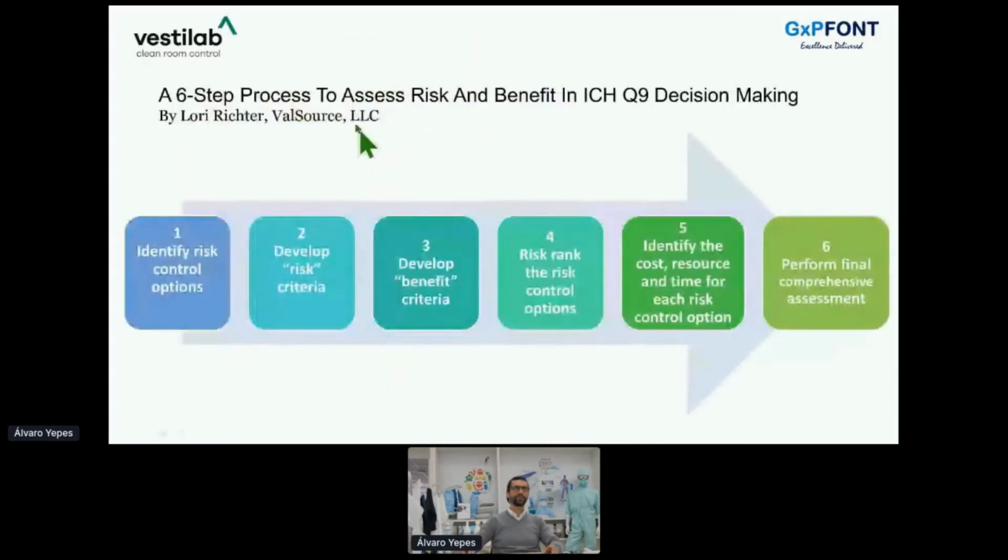This will be in the presentation, but this is a very good approach available on the web. Once I engage into trying to analyze different alternatives to mitigate or to reduce or eliminate risk, it's very sound to have a structured process into identifying what are the criteria that these risks need to be taken into account.